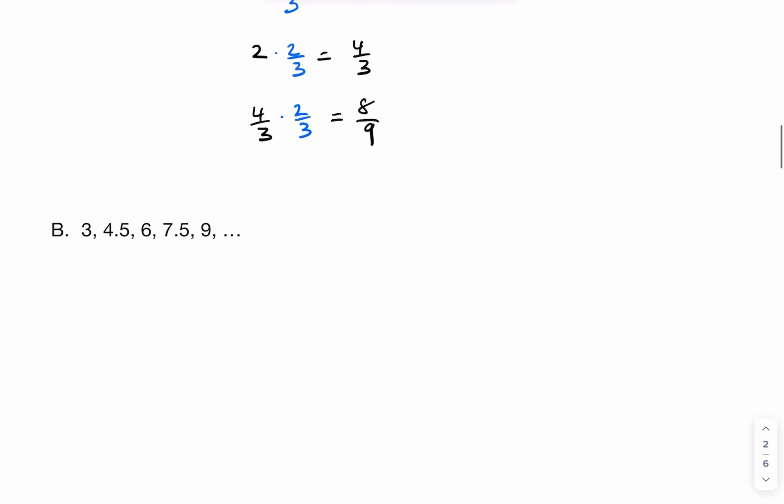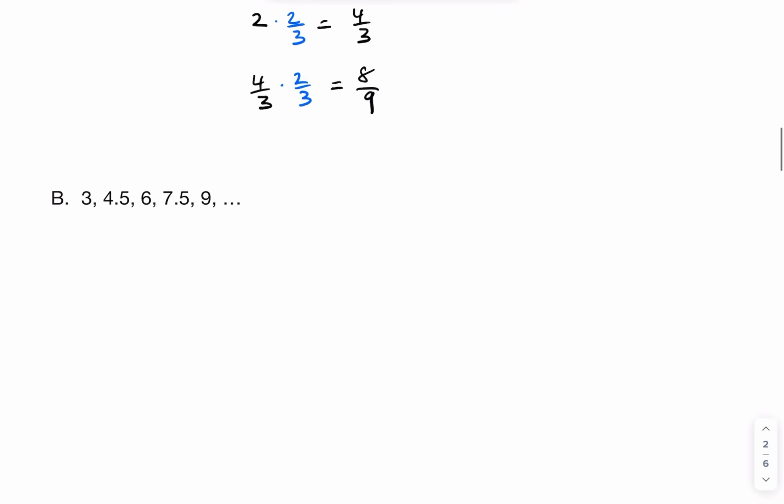All right, let's take a look at our next sequence of numbers. Here we've got 3 to 4.5 to 6 to 7.5 to 9. As you can see, to go from 3 to 4.5, we are actually adding 1.5 to get to our next term.